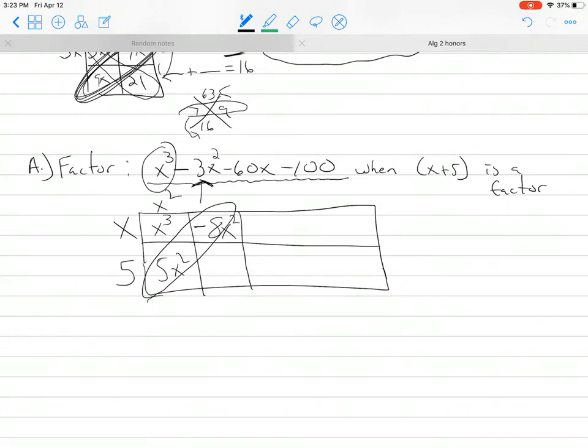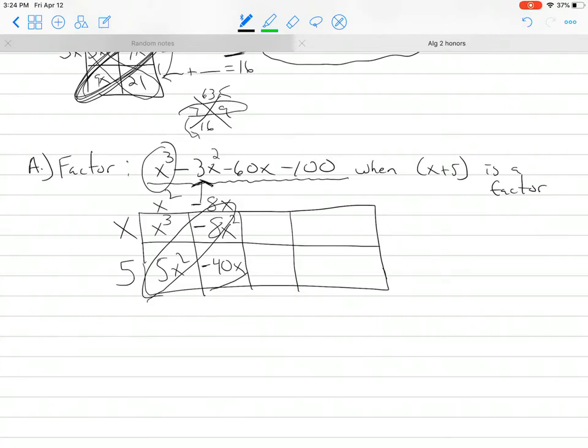So once I get there, if this is true, this has to be a minus 8x, right? Yep. Has to be a minus 8x. And if this is minus 8x, this has to be a minus 40x. Yep. Now, I have to get this minus 60x.